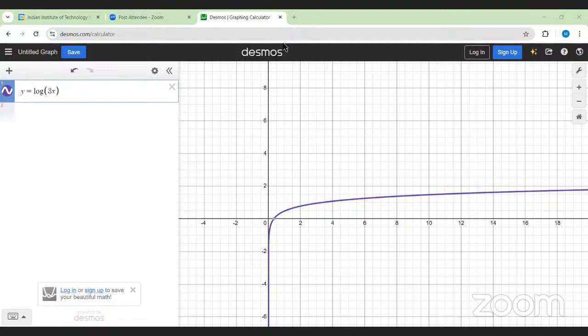Ma'am, can we have a modulus function for this log 3x? Yeah, suppose I take the modulus here. So this is the modulus function. It will look something like this, parallel to the y-axis. Because what does mod do?